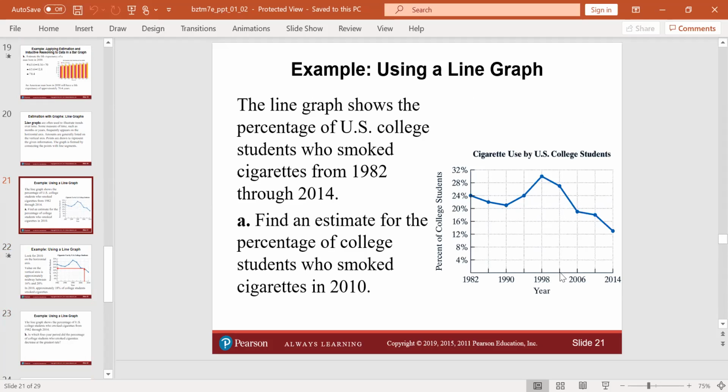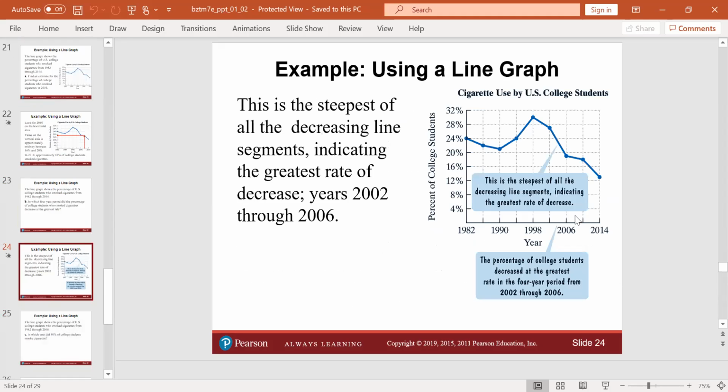And that would be between 2002 and 2006. So maybe sometime around 2002, there was a huge push in advertising from the Surgeon General or medical people saying don't smoke cigarettes. That could explain it. So yeah, 2002 to 2006.